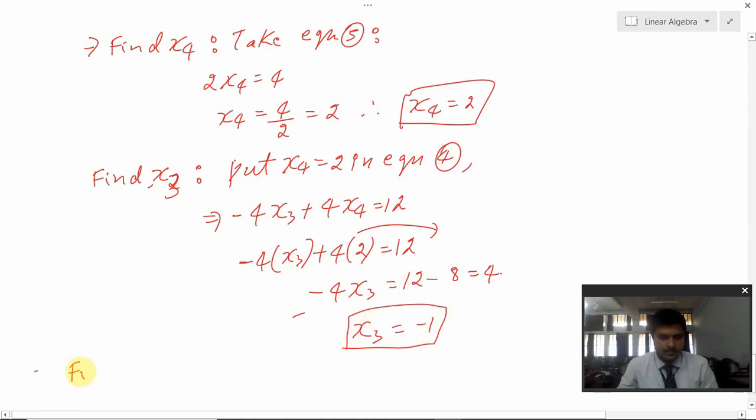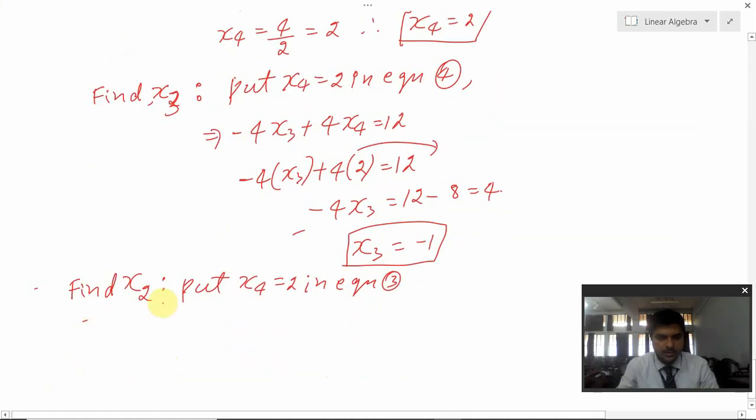Now find x2, same way. So put x4 is equal to 2 in equation 3. So easily you can do the same calculation, students. You have to get x2 is equal to 1.